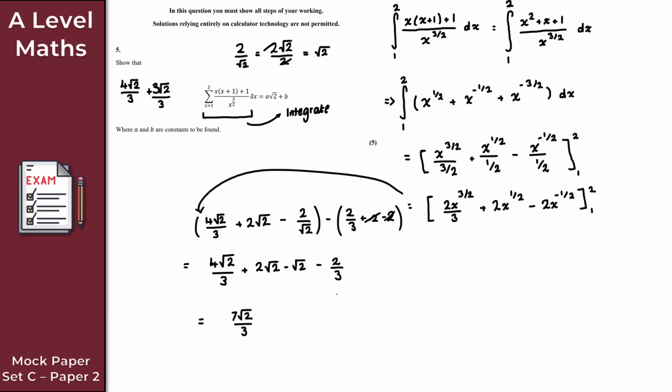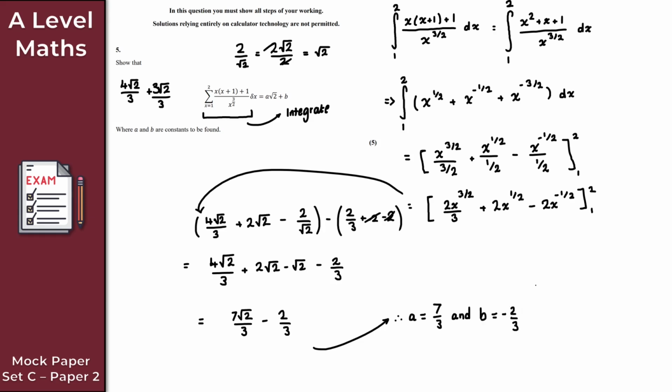And then finally, minus 2 over 3 there. Okay. Perfect. So if we now identify the values of a and b, a here is simply 7 over 3, and b here is minus 2 over 3.